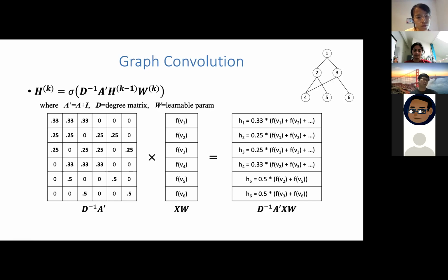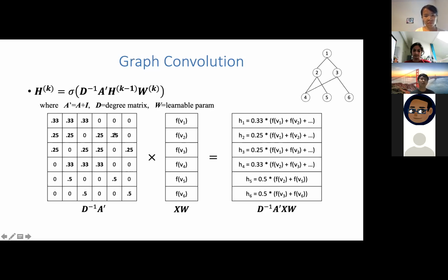So we want to normalize the strength of the edge weights. Here, node number 1 is connected to itself. We're assuming there is always a self-connection. So node number 1 is connected to itself, and 2 and 3. And then node number 2 is connected to 1, itself, 4 and 5. So 1, 2, 4, 5 have the non-zero values, so on and so forth.